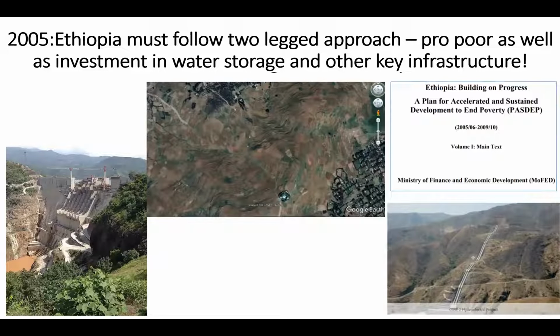This is in 2005. A two-legged approach, one foot in the continuation of the previous pro-poor programs, and the second one on accelerating economic growth through massive investment in water and other large infrastructure, such as roads, railways, etc. We now start to see roads and water conservation structures parallel to each other. This is after 2005.